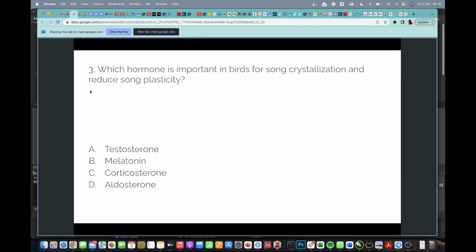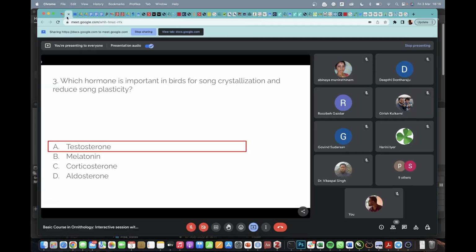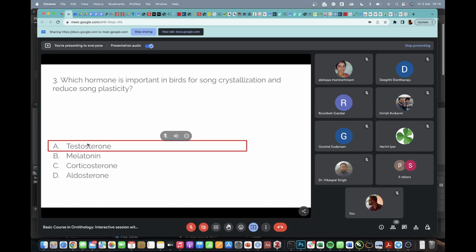Yeah, let's see what the answer for this is. The answer for this is testosterone. It has been discussed in the lectures as well. This particular hormone is required for the crystallization and reduction of song plasticity. People do understand what song crystallization is, right?